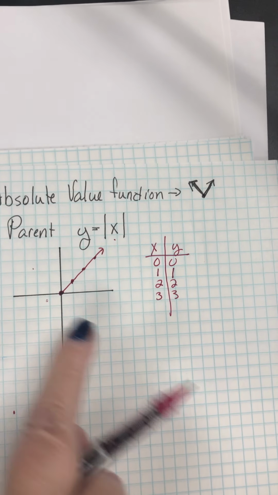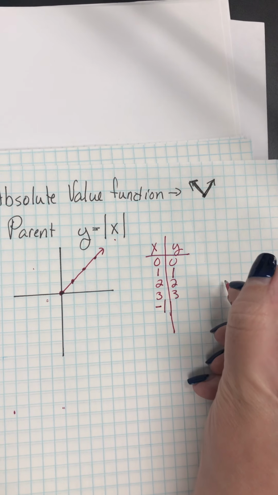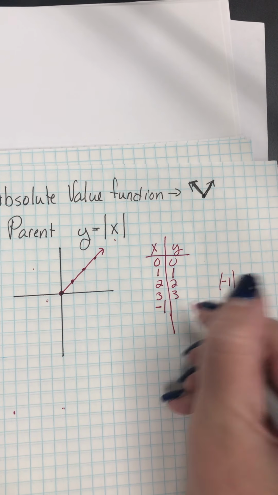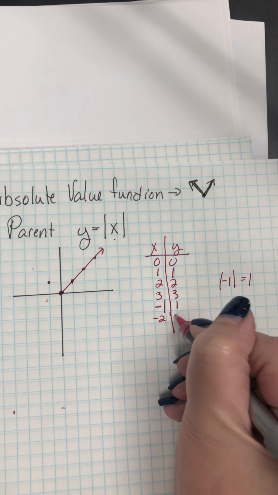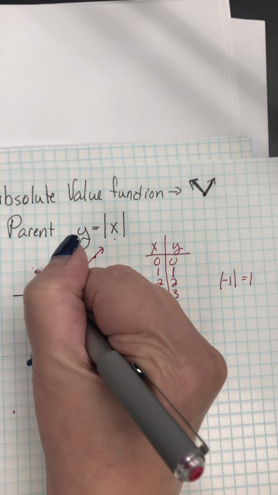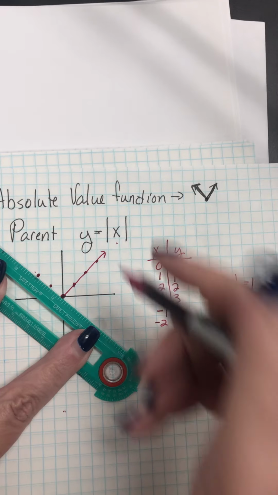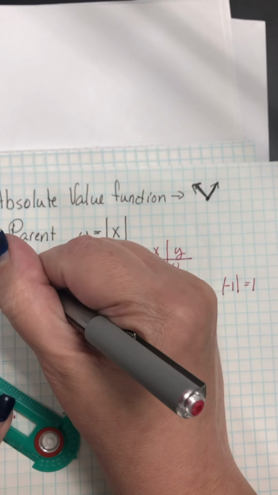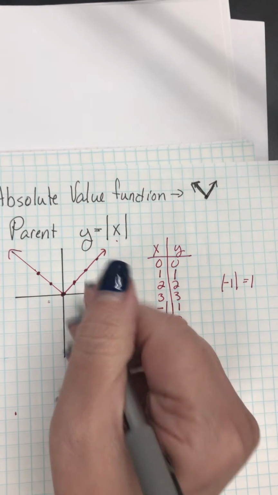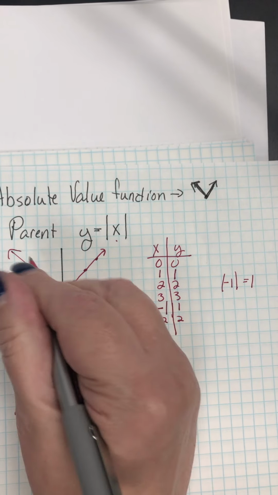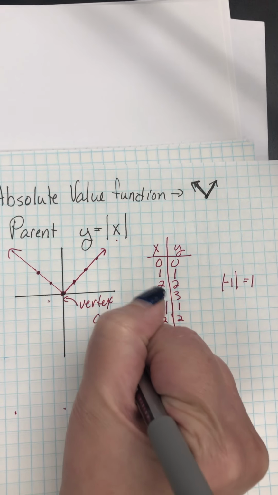The break in my line comes when I start putting in negative numbers, because the absolute value of negative 1 is equal to positive 1. The absolute value of negative 2 is equal to positive 2. And so our general shape is a V. It is 2 straight lines that meet at a vertex of 0, 0.